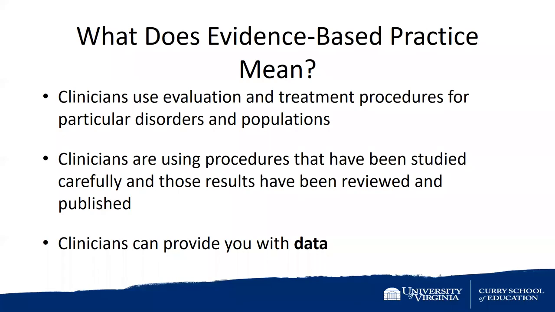So what does evidence-based practice mean? You want clinicians who are working with you to use evaluation to make sure that the intervention they're recommending is going to be working and useful for your child. The clinician should be using procedures that have been studied carefully, with results that have been reviewed and published.